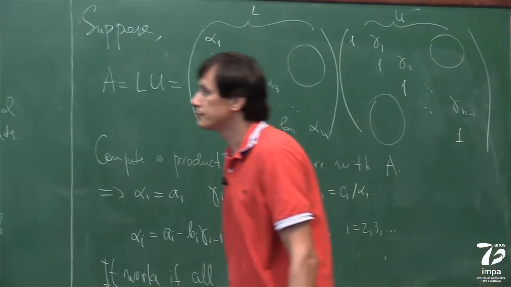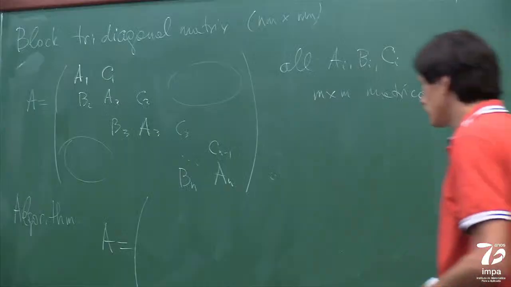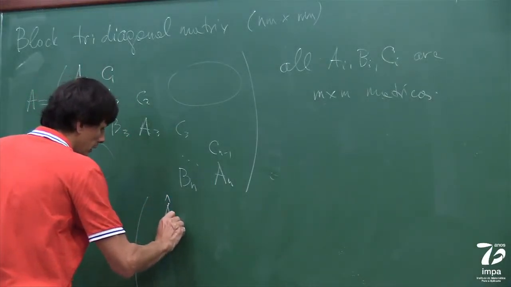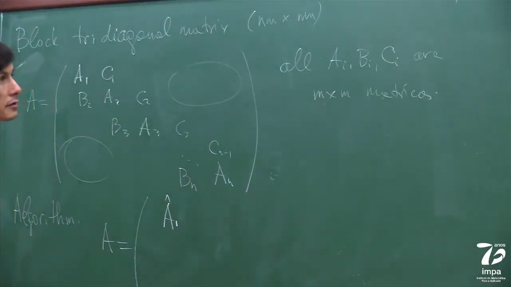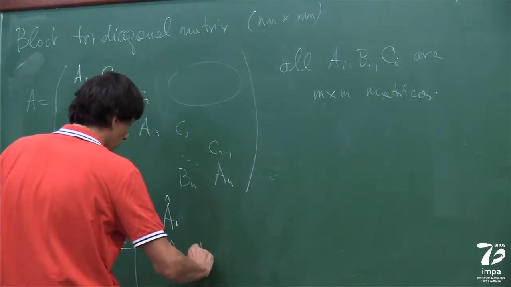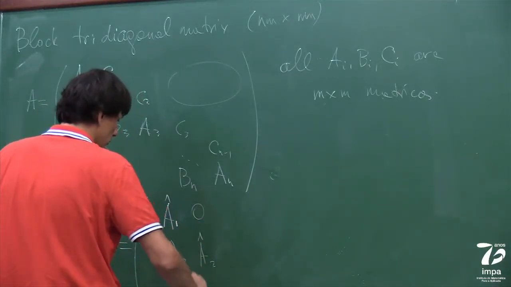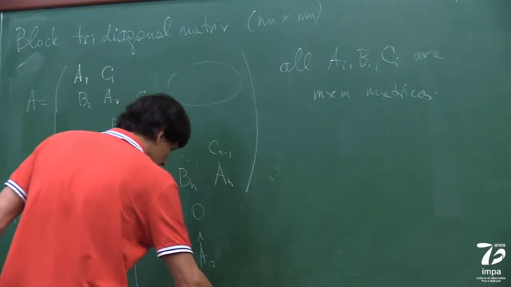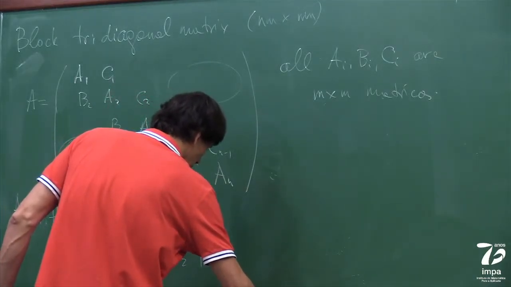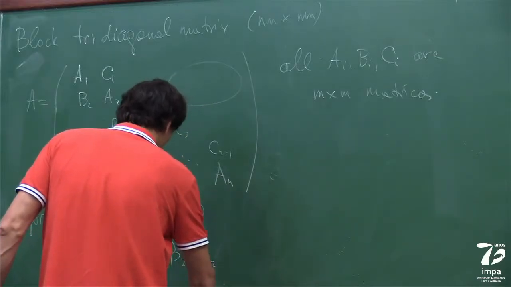So not numbers. So instead of alpha, we'll put A hat 1, and then it's the same B. B2, A2 hat, 0, N hat, 0, 0.